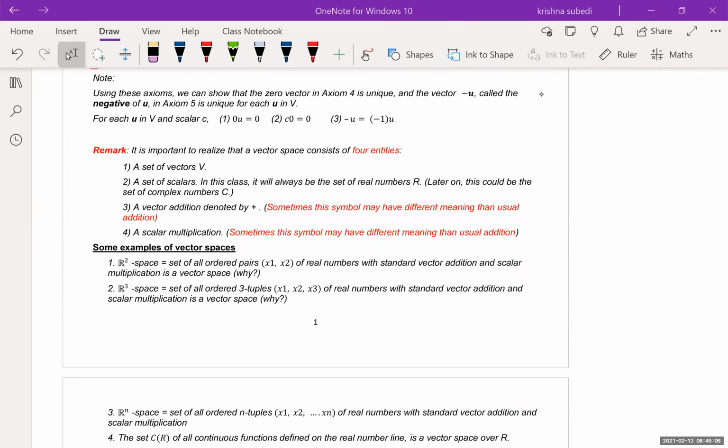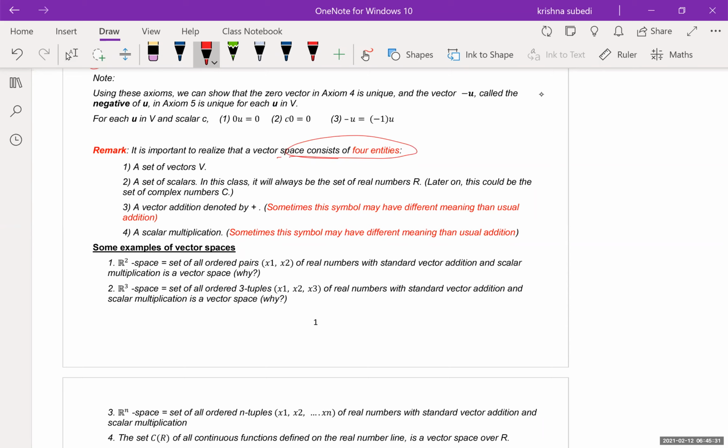So remember, over and over again, we have to prove whether the given space is a vector space or not. In that case, how we prove it is that we need to remember that there are 4 entities involved in the vector space.